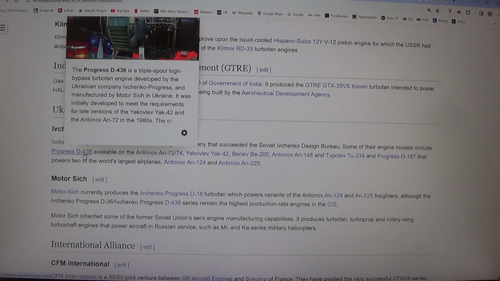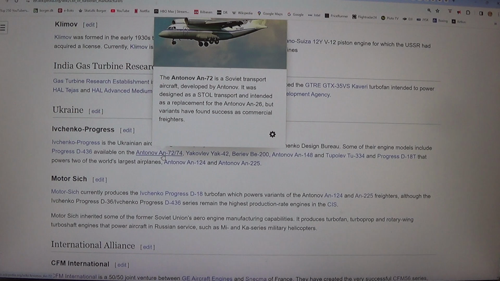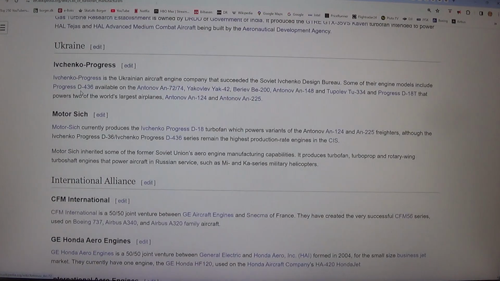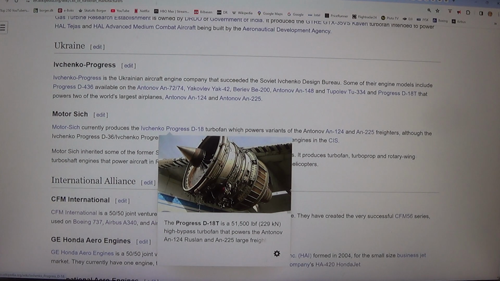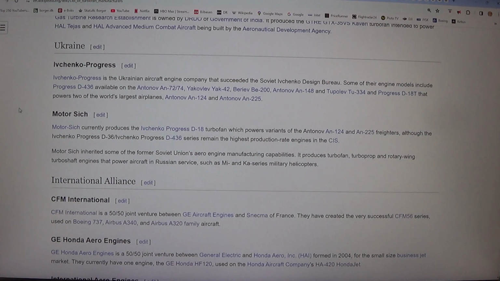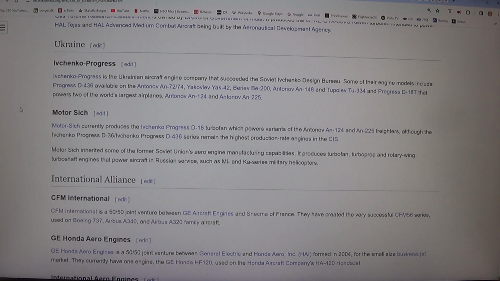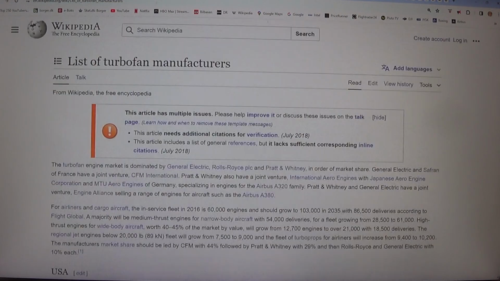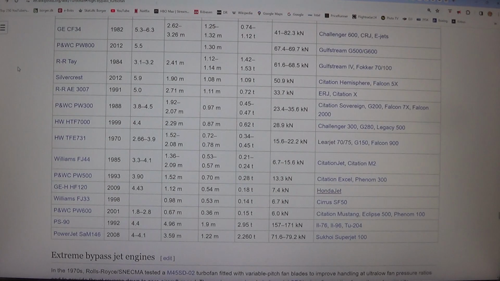RTA 1984 3.13.22.41 M1.12 1.14 M1.42 1.53 T61.668.5 KN Gulfstream 4, Vodka 70/100. Silvercrest 2012 5.91.90 M1.08 M1.09 T50.9 KN Citation Hemisphere, Vulcan 5X.